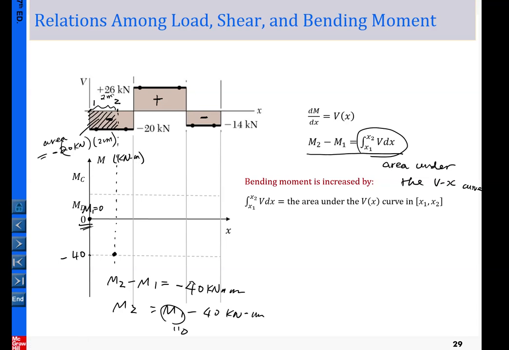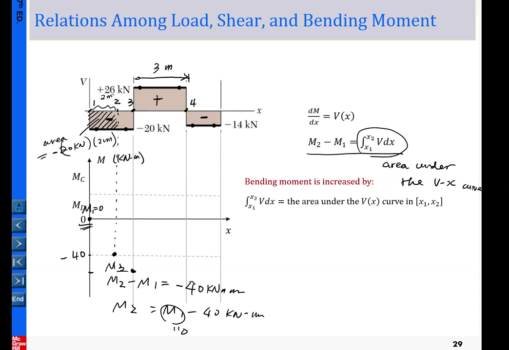So we can continue at this position. There's a point 3, and the value of the moment there is M3. Now if I want to calculate the point here, that point is M4. Let me assume the distance between 3 and 4 is 3 meters.